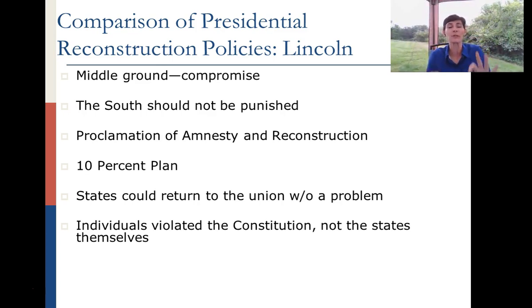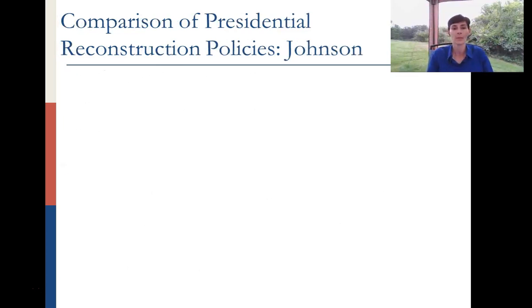The individual Confederate leaders did that, and the individual people in the state legislatures did that, but not the states themselves. That's kind of semantics right there. But in his view, there was no problem to have the states return to the Union, because it was individuals that violated it. He also vetoed the Wade-Davis bill, which we'll talk about more in class.